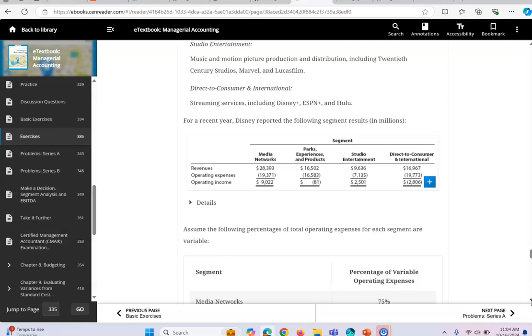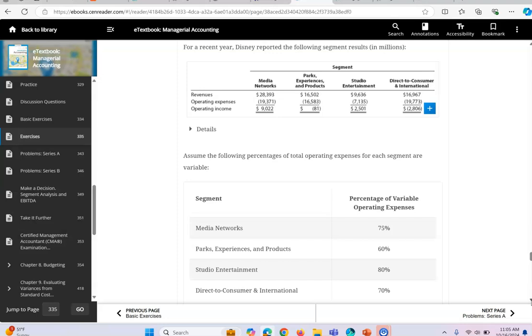Studio and entertainment had $2,501,000. And the direct-to-consumer media or streaming had a loss. Assuming the following percentage of total operating expenses for each segment are variable.